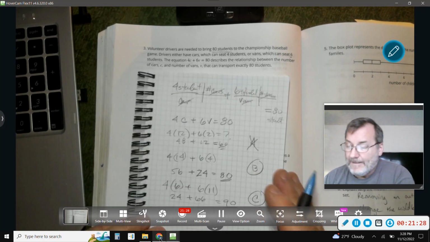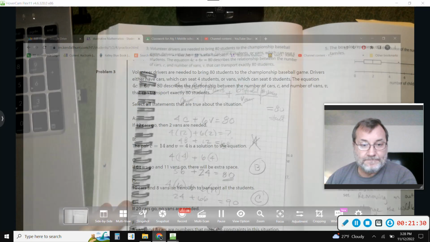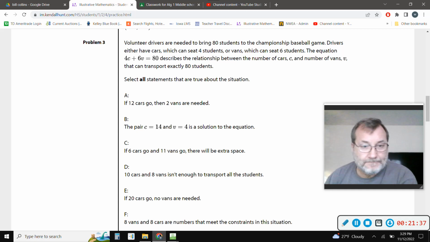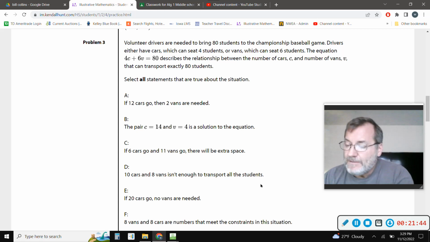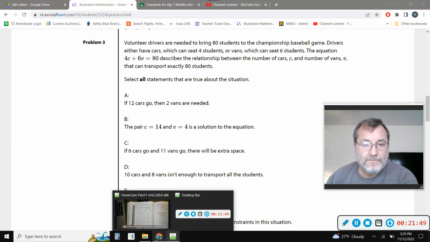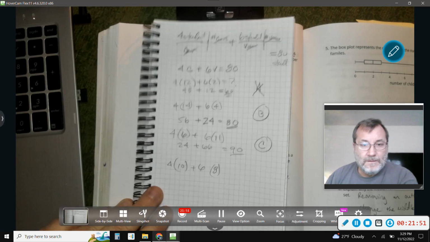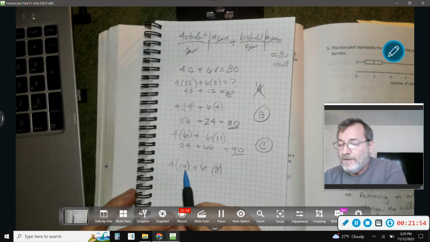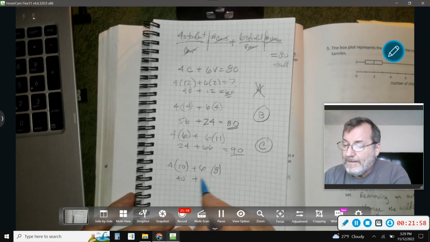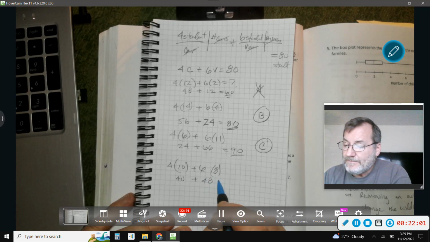All right. On to Delta. 10 cars, 8 vans. 10 cars and 8 vans isn't enough to transport. We have to select if that's true or not. Okay. So we got a 4, we got a 6. Let's see. So 10 cars, 8 vans. 4 times 10 is 40. 6 times 8 is 48.